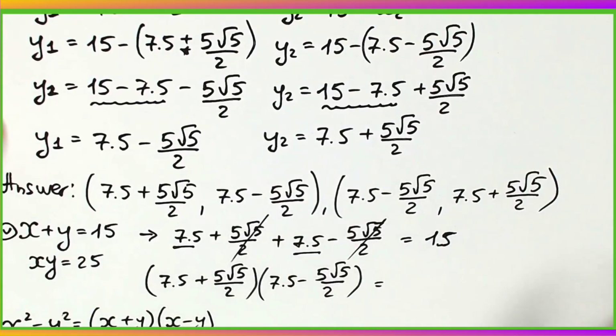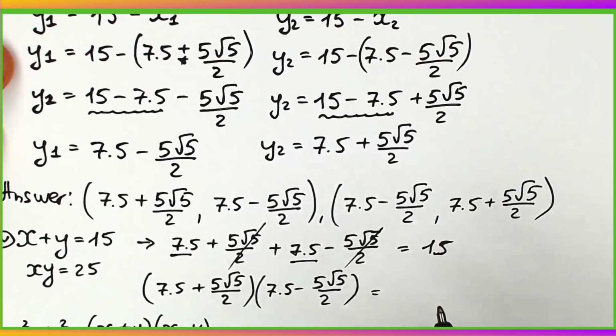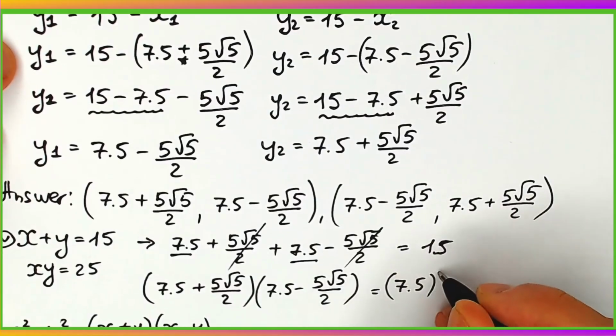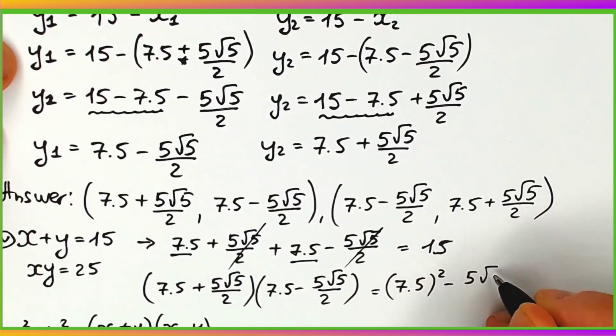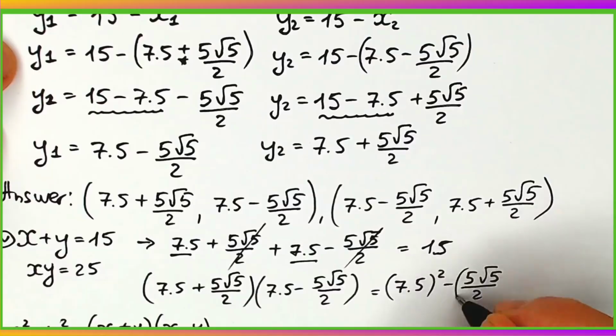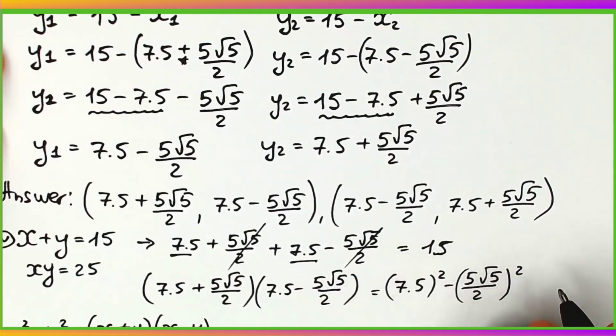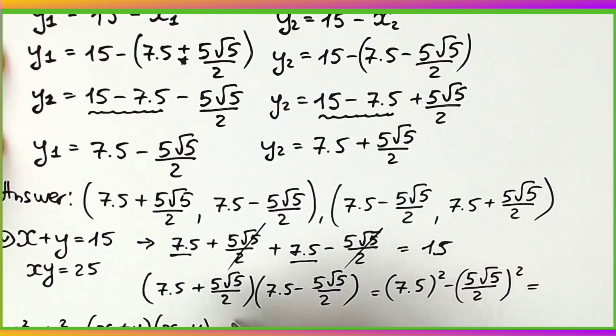Okay, and right now let's apply it. So this difference of squares: 7.5 squared minus 5 square root of 5 over 2, also to the second power. Right now it's much easier for us to work with the squares in a different way. We can write it as 15 halves, so we can go back to the beginning.